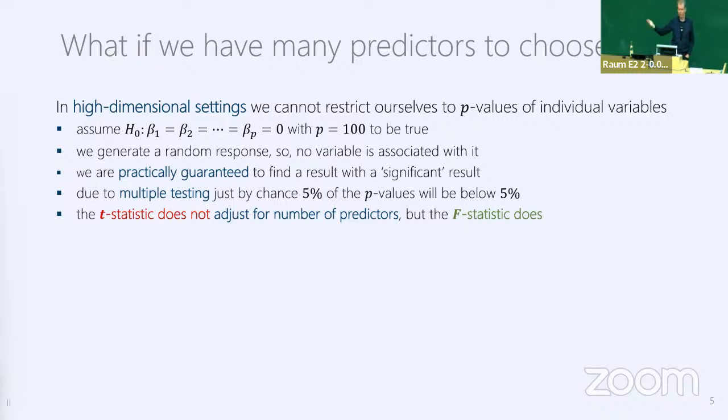If we test 10,000 things, 10. If we test 100,000, 100, and so on and so forth. So we need to be careful not to test too many things, or we need more advanced statistics.